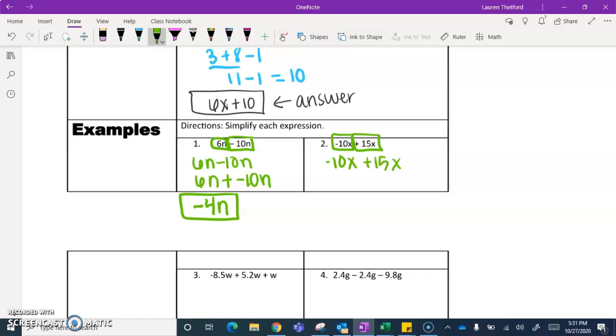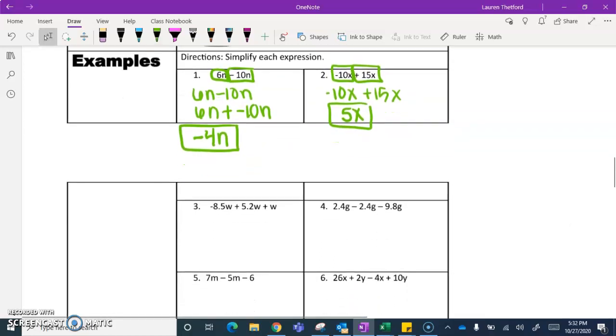Negative 10 plus 15, those are different signs, so I'm going to subtract. 15 minus 10 is 5. We keep our variable, so it's 5x, and it's going to be a positive 5x because my 15 was larger. We take the sign of the larger number.